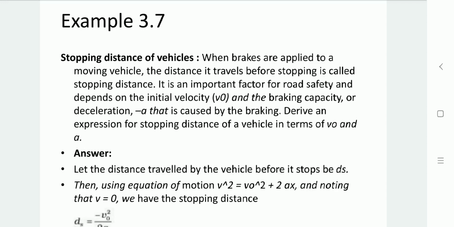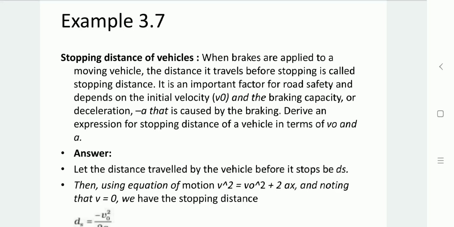Derive an expression for the stopping distance of a vehicle in terms of v0 and a. So here we need to identify the distance traveled by the vehicle before it stops.